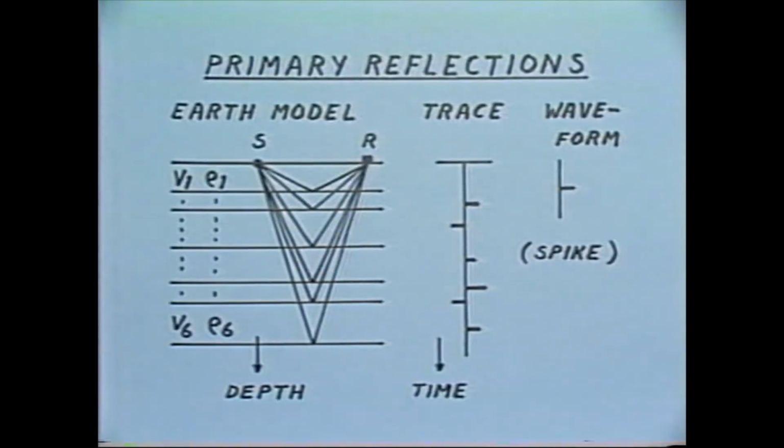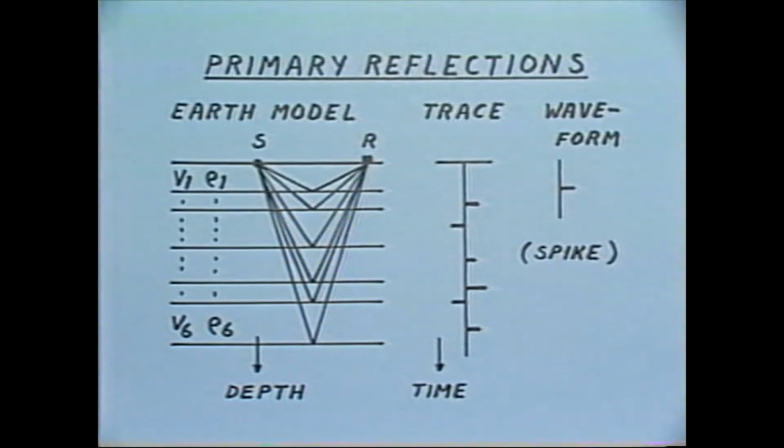Well, the first type of reflection event then is in fact the only reflection event that we really want to see. It's the so-called primary reflections, which is a series of ray paths in a model such as this, where energy is reflected once only from a particular reflector and back to a receiver.